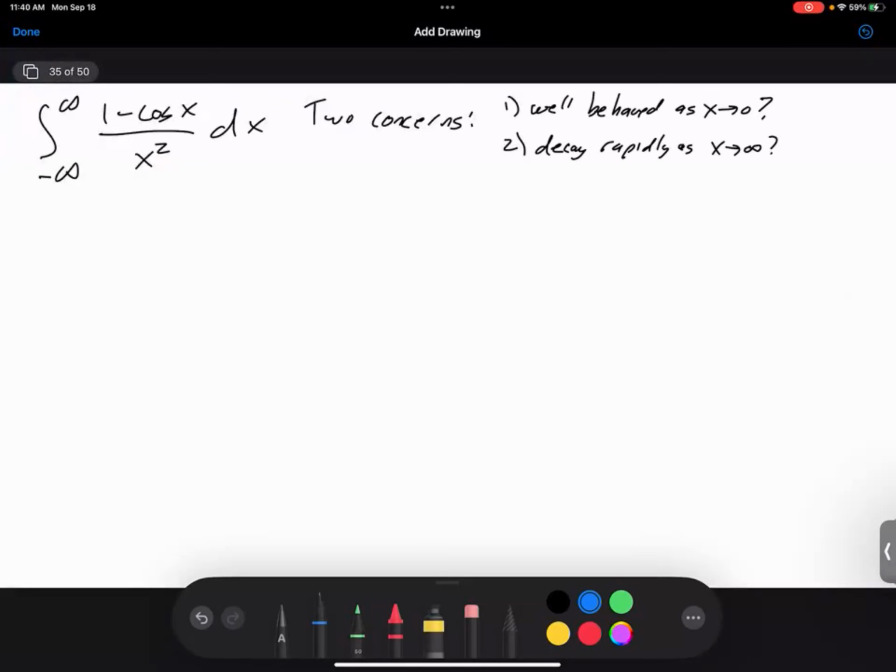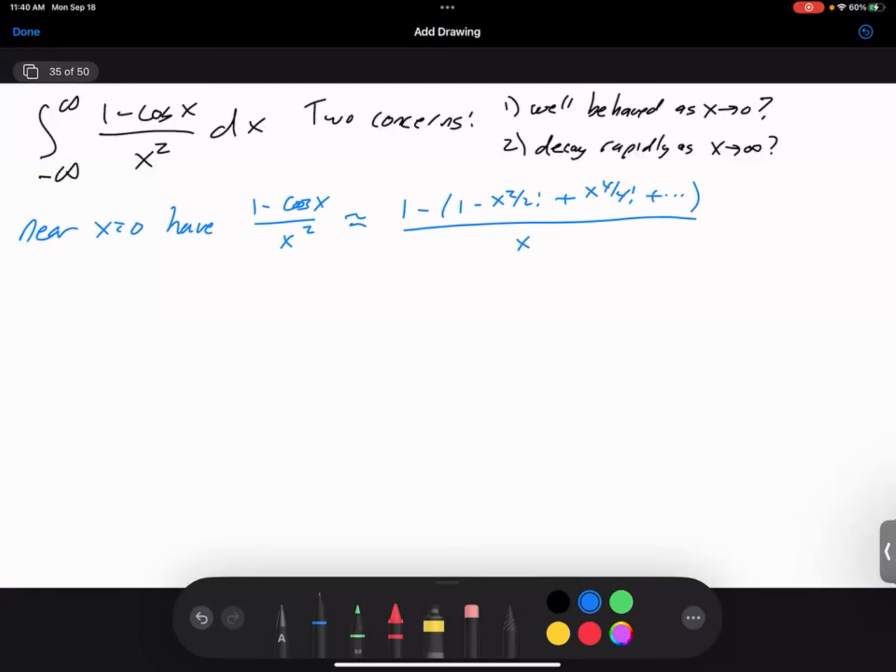So fortunately, both of them are fine. Near x equals 0, we have (1 minus cosine x) over x squared is like 1 minus (1 minus x squared over 2 factorial plus x to the 4th over 4 factorial plus ...) over x squared.